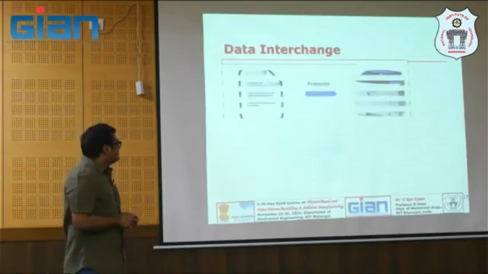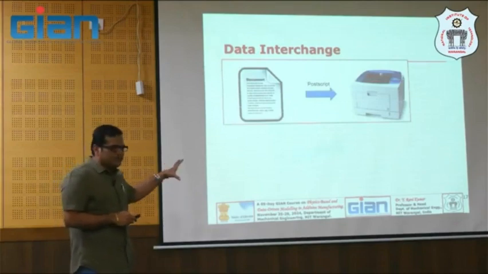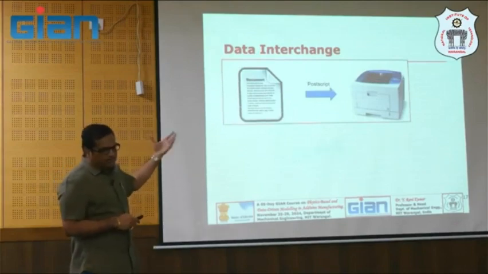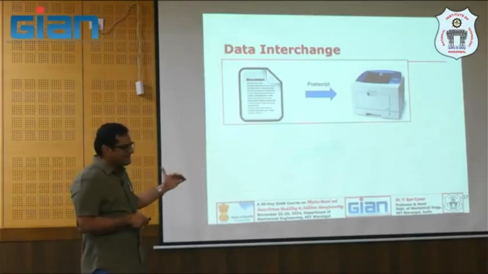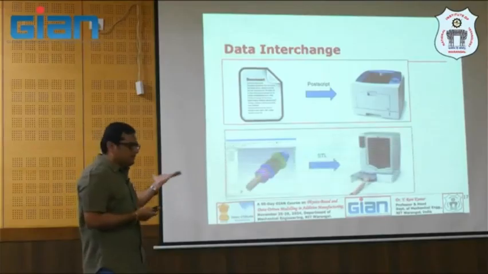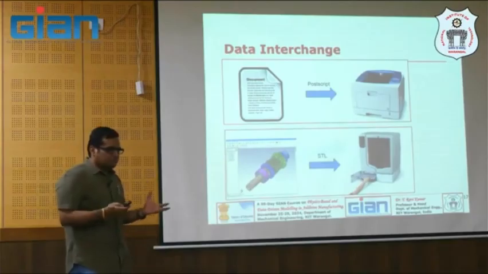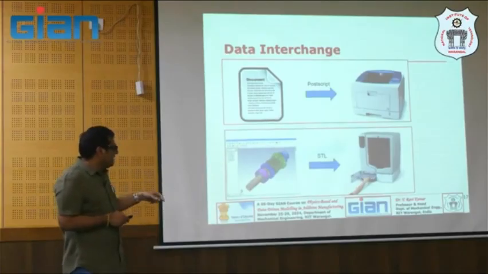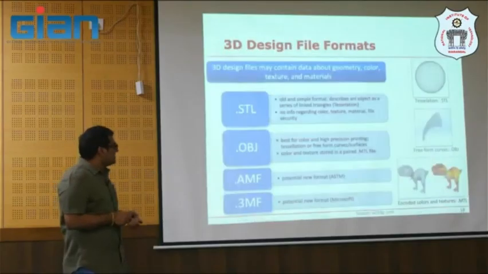Then look at the data interface, like your 2D printer: any document, PDF or any kind of form is ultimately converted to PostScript for the printer and gets printed, right? Similarly, STL, of course, or it could be 3MF or AMF. So your file or your data comes in a kind of neutral format.